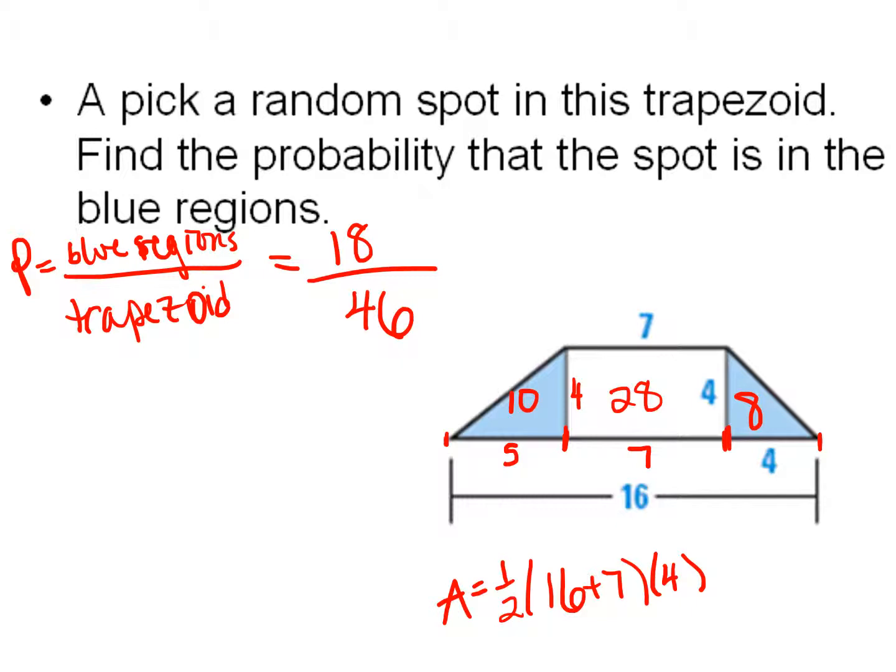Either way, however you want to do it, you're going to get 46 units squared for the area of the entire trapezoid. And then when we take 18 divided by 46, that decimal for our probability was 0.3913, and so on. So our chances are 39.13%.